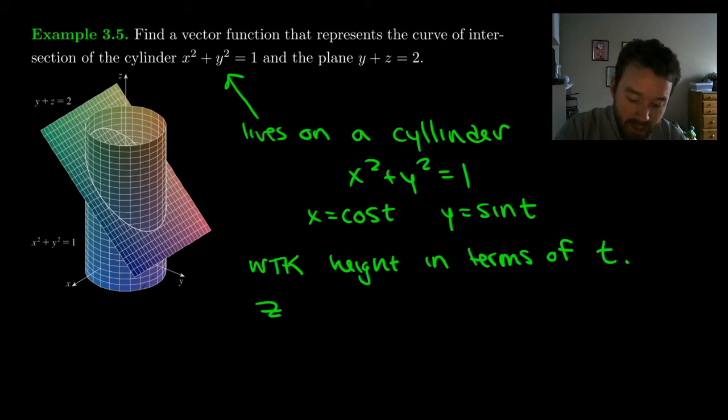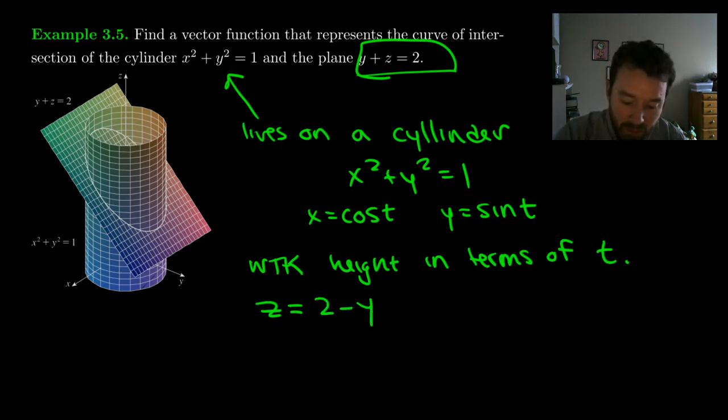Literally, I'm asking, what is z equal to? Well, by my equation, y plus z equals 2, z is certainly 2 minus y. And if I commit to a choice that y is equal to sine t, then I should have z equals 2 minus sine t.